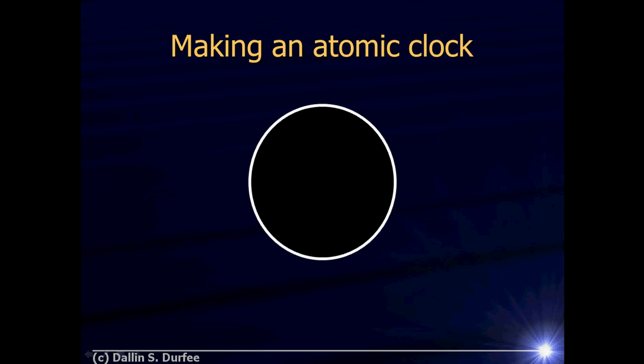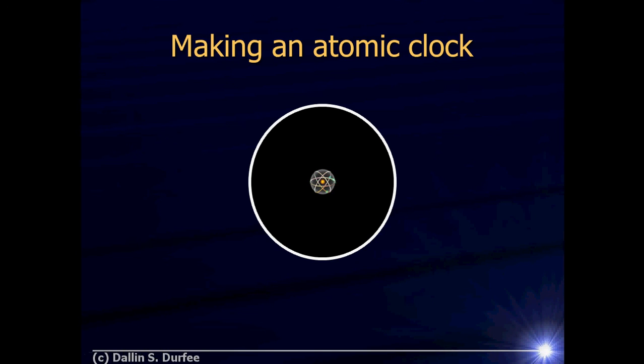But the problem with a pendulum or a piece of quartz is every one of them is different, right? You manufacture two grandfather clocks, they're going to tick at a different rate. You manufacture two quartz oscillators, they're going to tick at slightly different rates. And they're also temperature dependent, right? Thermal expansion changes how they tick. But the idea with an atomic clock is your oscillator is an atom.